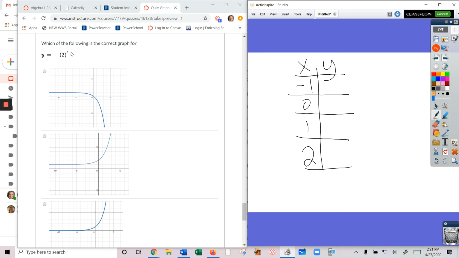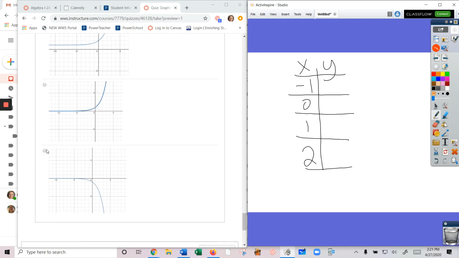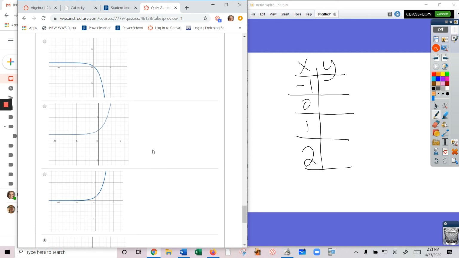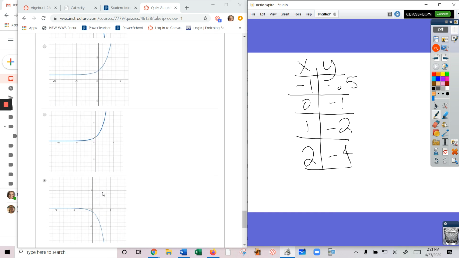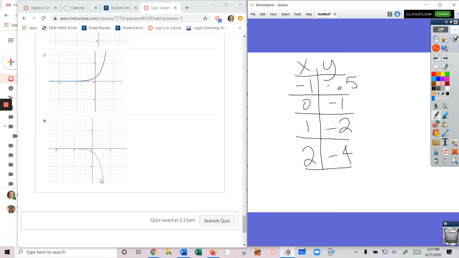We can also look and see that this doesn't have a value being added to it. So we have a C value, that line we can't cross, of 0. So that narrows it down to here. Or you could just start going through, plugging in and getting output values. Let's see, 1/2, 1. And then just plot those points, and you'll also see that that is this picture that you want selected.